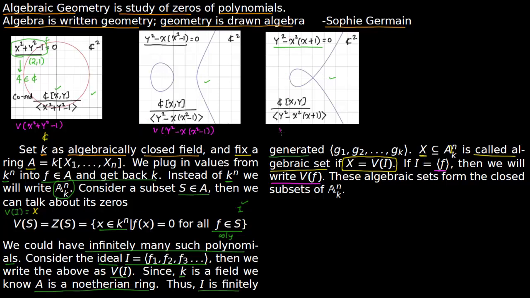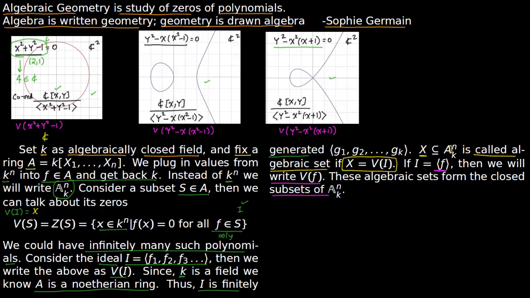Now this is V(y² − x²(x + 1)). This is again an algebraic set. So the algebraic set here is drawn in red, here it is drawn in purple. So see, there are parts of it, this purple part and this purple part, similarly this. So these algebraic sets form the closed subsets of this A_K^n.